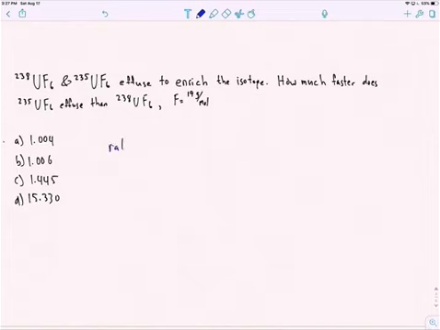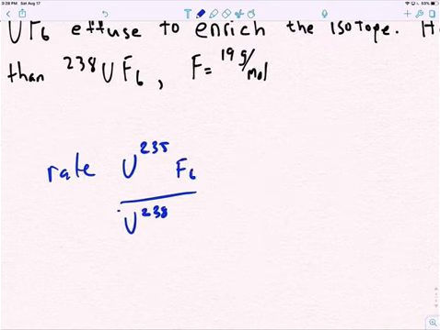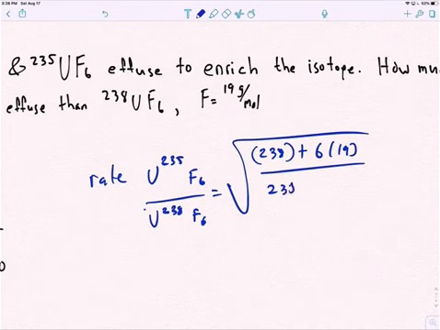So the rate of uranium-235 hexafluoride versus uranium-238 hexafluoride, by Graham's law of effusion, is going to be the square root of 238 for the uranium plus 6 times 19, over 235 plus 6 times 19 for the other one.